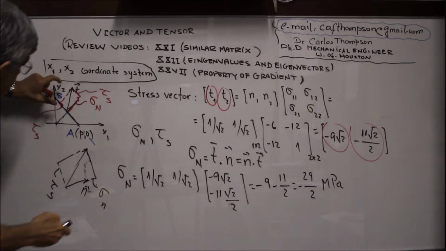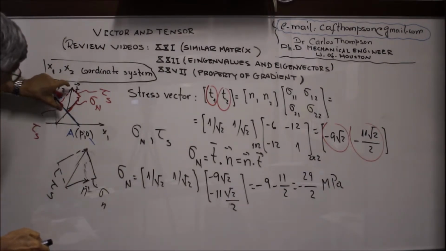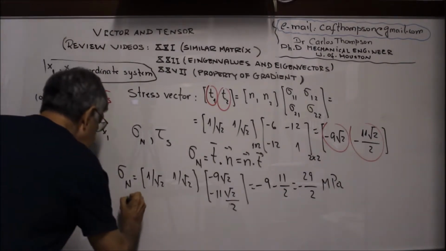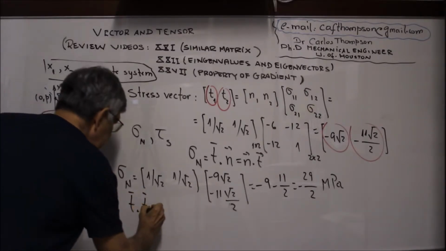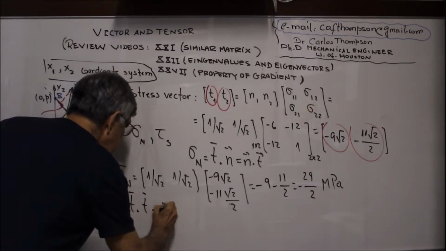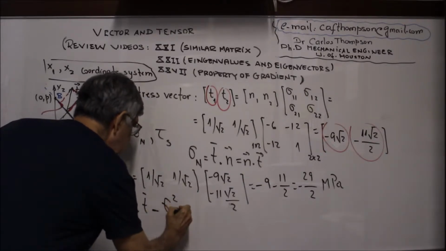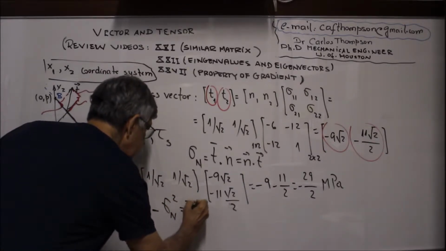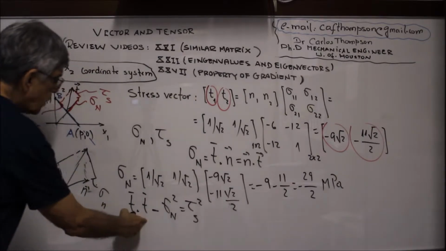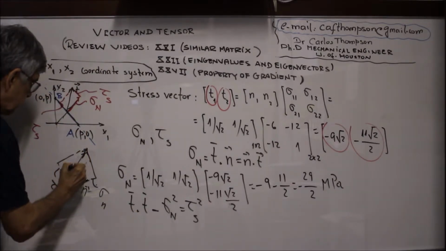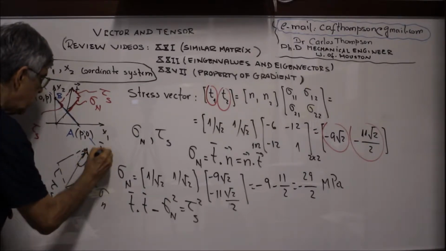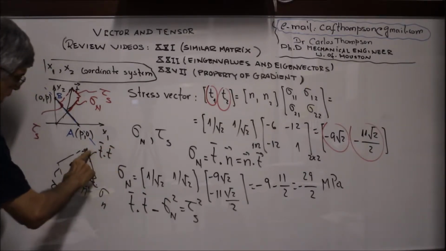So you see, the magnitude of T is equal to T dot T minus sigma n square, this is equal to tau s square. You see, T dot T is a magnitude, the size.